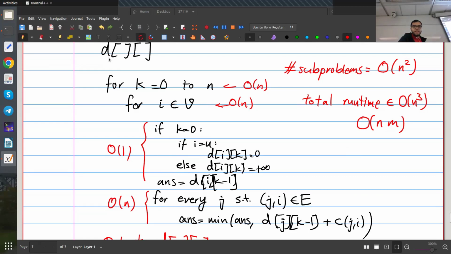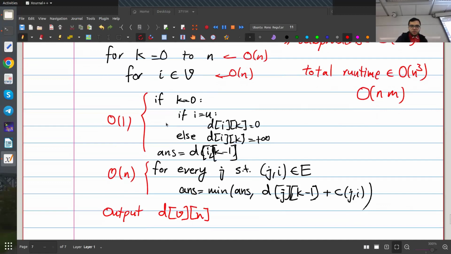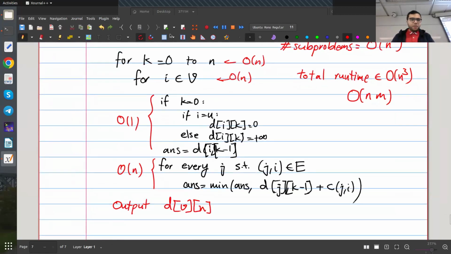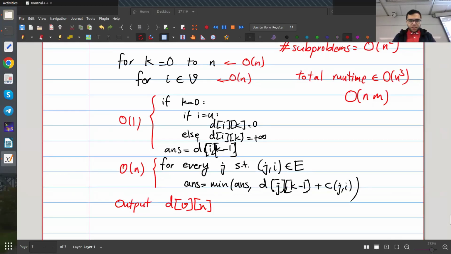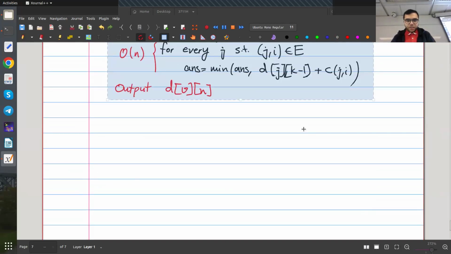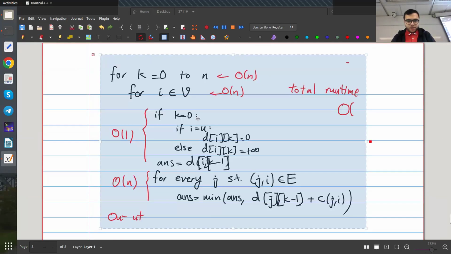I'm creating this array D, and this is like an n by n array. I'm using n squared memory. So can I simplify this? Can I somehow make my algorithm simpler than this? I mean, of course, this is already simple enough to code. I expect that you should be able to easily code this at this point. But let me just take this and try to simplify it a little bit.